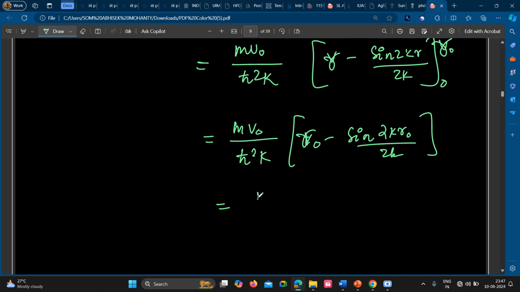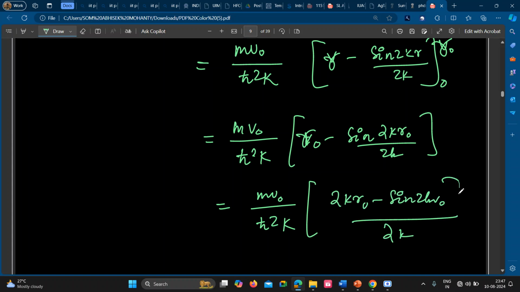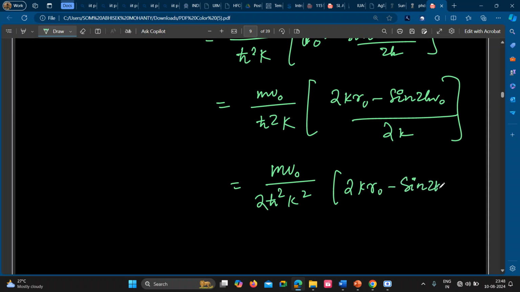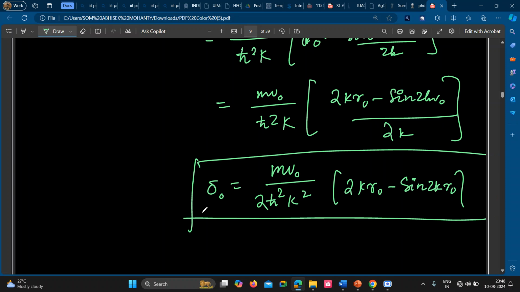If I take the LCM, m V naught divided by h cut square k, 2k r naught minus sine 2k r naught divided by 2k. Let's take this 2k out. So m V naught divided by 2 h cut square k square, times 2k r naught minus sine 2k r naught, which will be the final expression for delta. So that will be the answer.